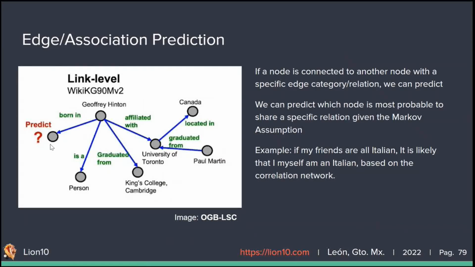Okay, so here there's a similar sort of link level prediction. I think this image might not be, or it could be accurate, but ideally here we would want to predict what relation type between two nodes.